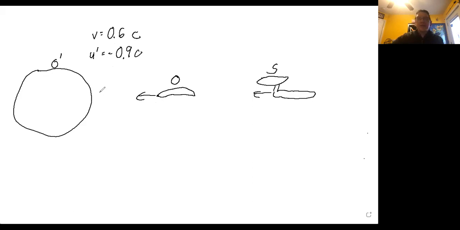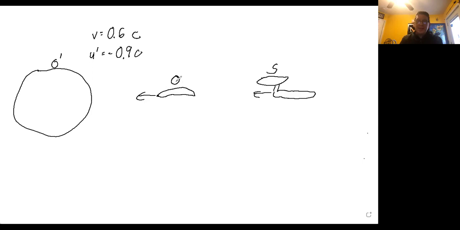So again, the Earth is moving to the right, which we'll define as the positive x direction, relative to observer O, which we've defined as the alien vessel. And then the Enterprise is moving to the left at a velocity of 0.9 c relative to the Earth, which we've defined as O prime. So what we want to do is find the velocity of the Enterprise relative to this observer.